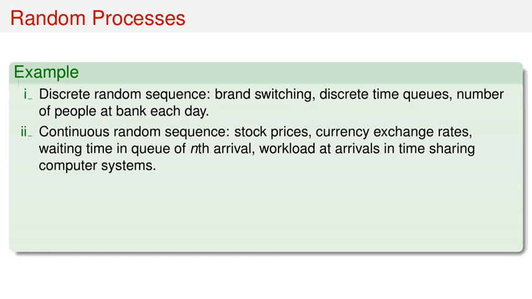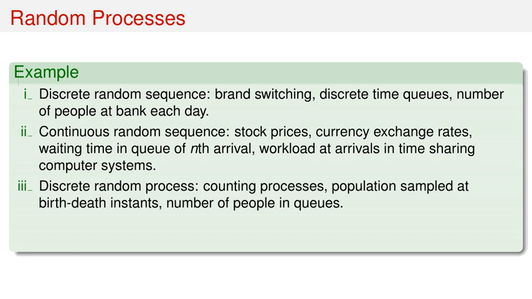Examples include daily stock prices, currency exchange rates, the waiting time in a queue for the nth arrival, or the workload at arrival instances in time-sharing computer systems. For discrete random processes, continuous time, discrete state space: counting processes like the Poisson process we'll see later, a population sampled at specific birth or death instances, or the number of people in a queue observed over continuous time.